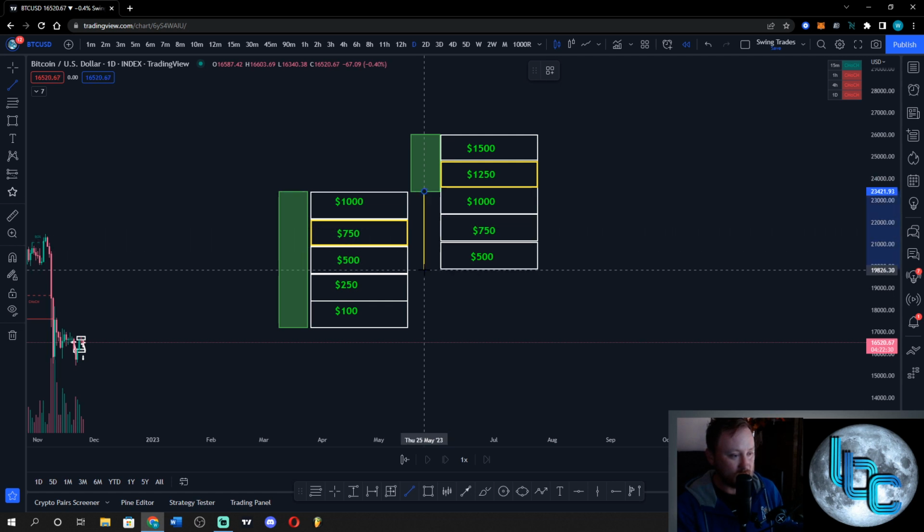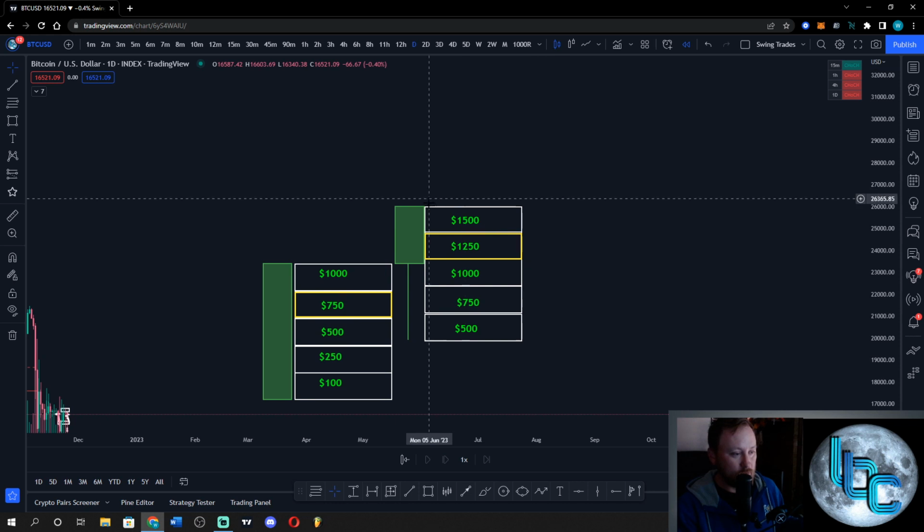So price came down to here, and then let me change that. There we go. So we wicked back into the 500 zone, and then price moved up. And then this level right here became the new point of control.